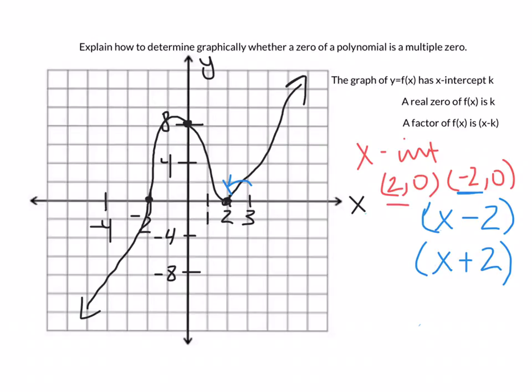This particular 0 at x equals 2 corresponds to, as we said, this particular factor. Because this line right here never crosses the x-axis, it has an even multiplicity.